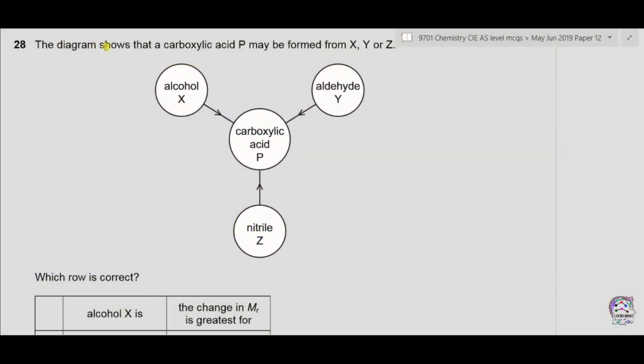Question number 28. The diagram shows that a carboxylic acid P may be formed from X, Y or Z. In the diagram we can see alcohol X converts into carboxylic acid. Now this is only possible when the alcohol is primary alcohol, because primary alcohol first converts into aldehyde, and aldehyde further oxidizes into carboxylic acid.